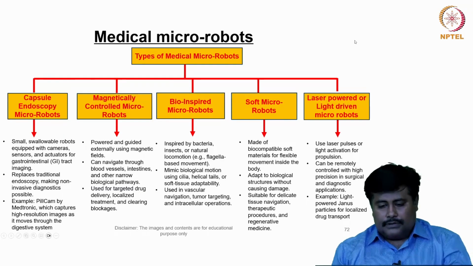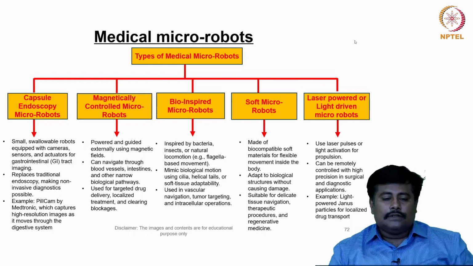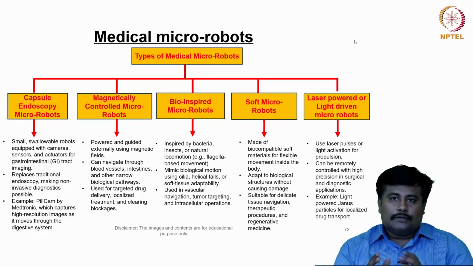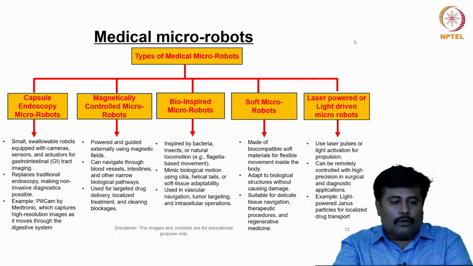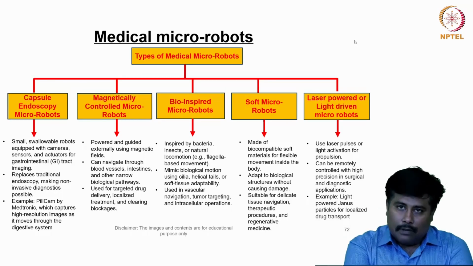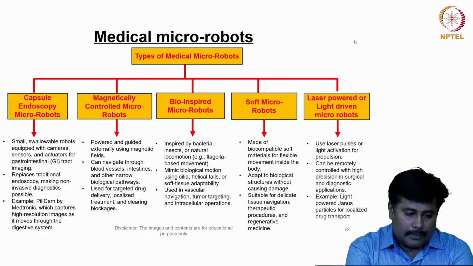Now, to summarize, as far as these medical robots are concerned, these are some of the classifications with reference to these medical robots. These types of medical micro robots are used for different applications. One is capsule endoscopy based micro robots.